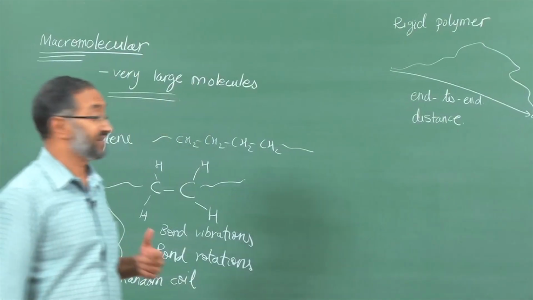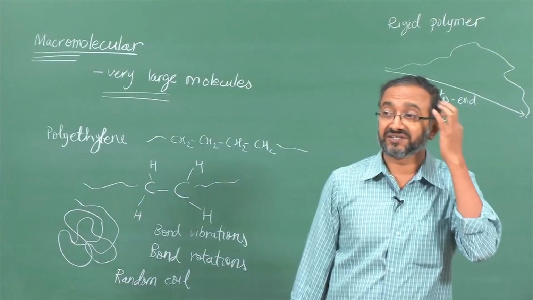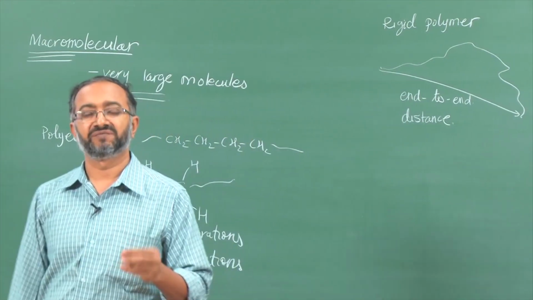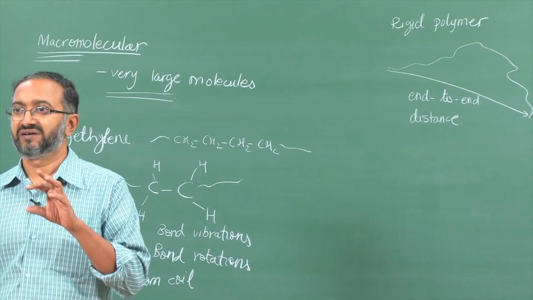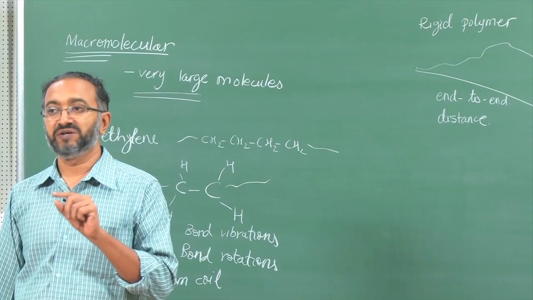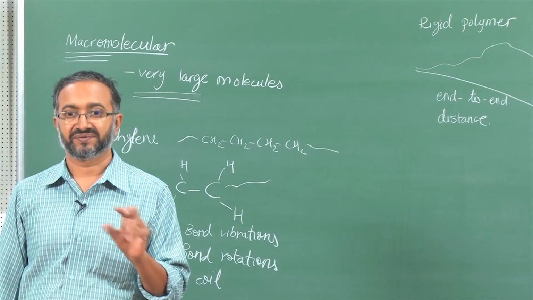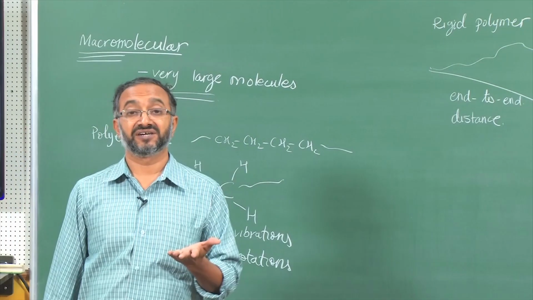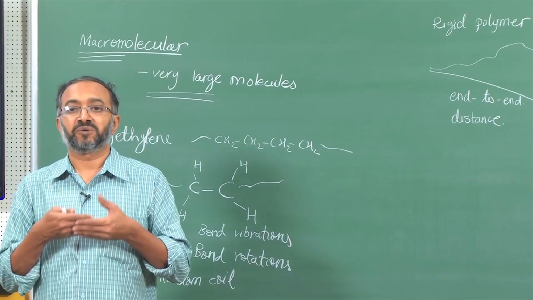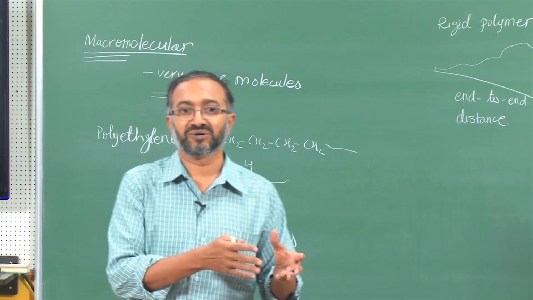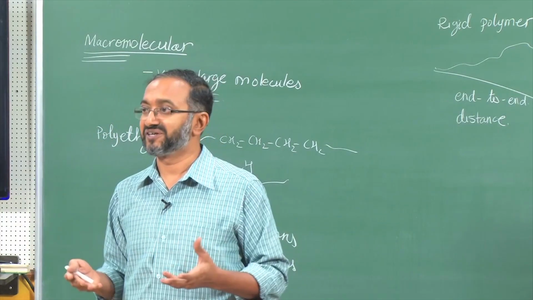The other feature that is important, and we will discuss that, is that when we make a solution, there will be interactions between the solvent and the polymer, and there will be interactions between polymer and polymer, right. Both of these are possible. Now, at what concentration the polymer polymer interaction becomes important will define whether it is a dilute solution or a concentrated solution.